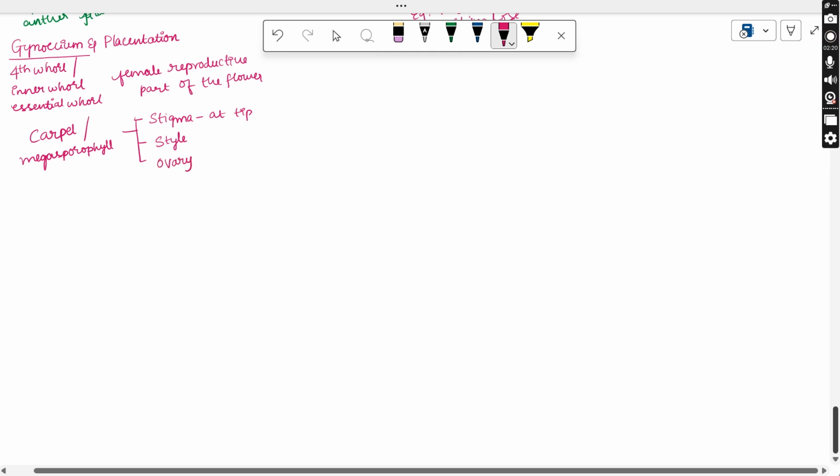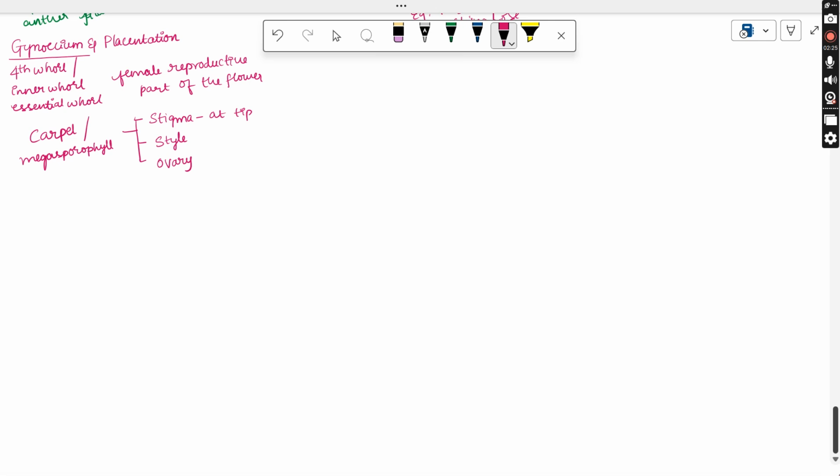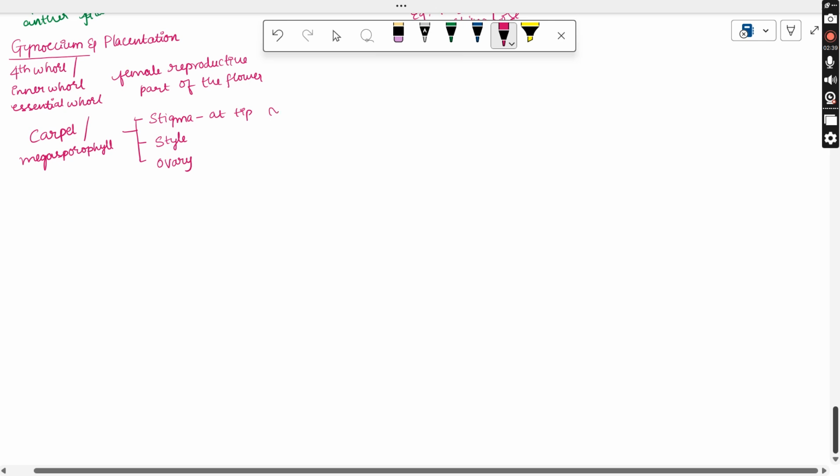And the inner part is the ovary, which is the enlarged basal part, sitting on the thalamus or the receptacle. You can say that the style is a connecting structure which connects the ovary and the stigma. So this tip is the stigma, the stalk-type structure is the style, and this is the ovary.